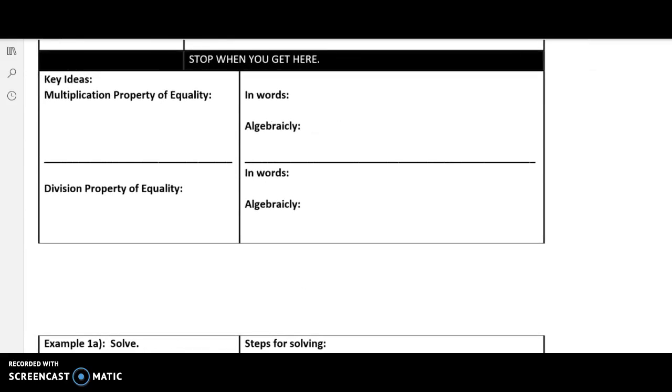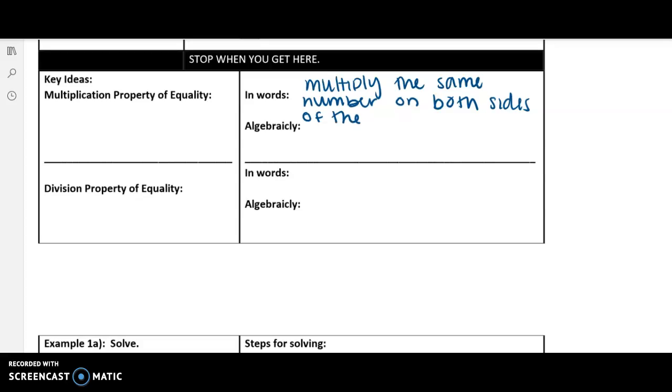So this is whenever we multiply the same number on both sides of the equal sign. So we're going to skip this part because we're going to get into that in a moment.